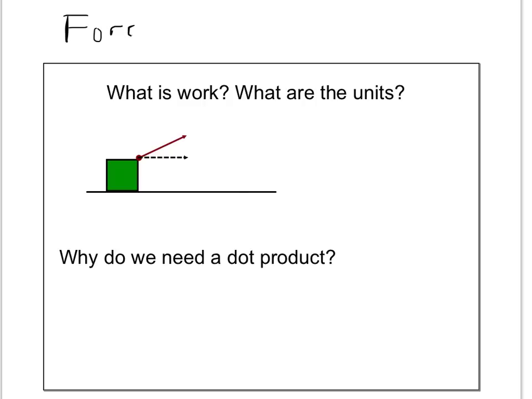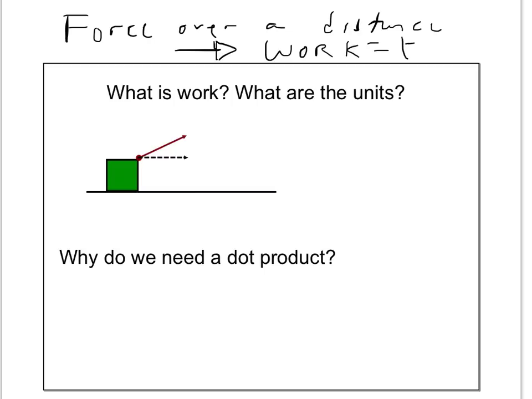Okay, so this idea of applying force over a distance, this is called doing work. So work is force times a distance. And when you do work, it causes a change in kinetic energy.